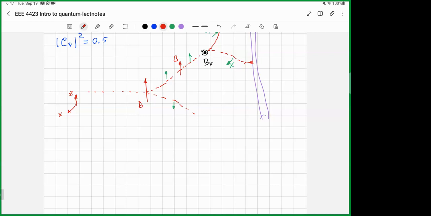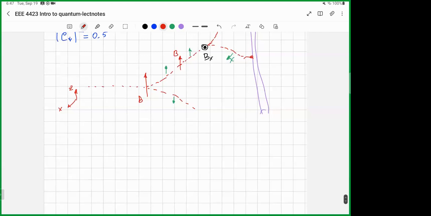So somehow this z direction is pre-selected, even though x, y, and z are perfectly, totally equivalent. But yes, three different directions, three different operators that describe the state of the spin.